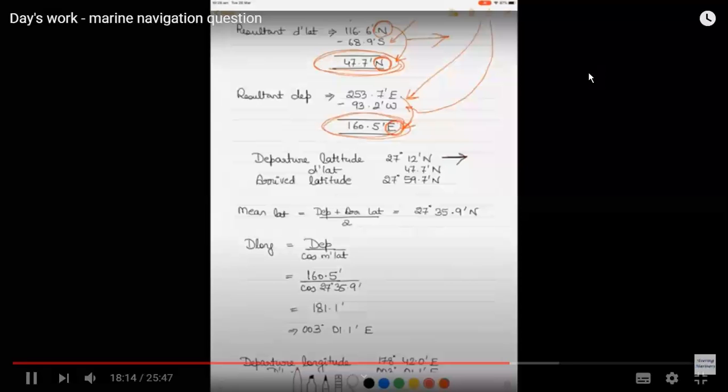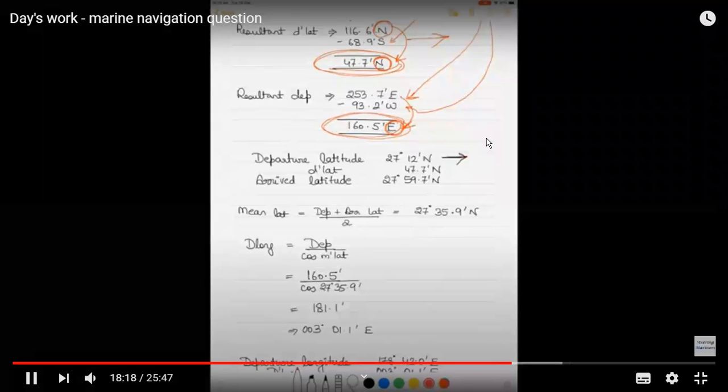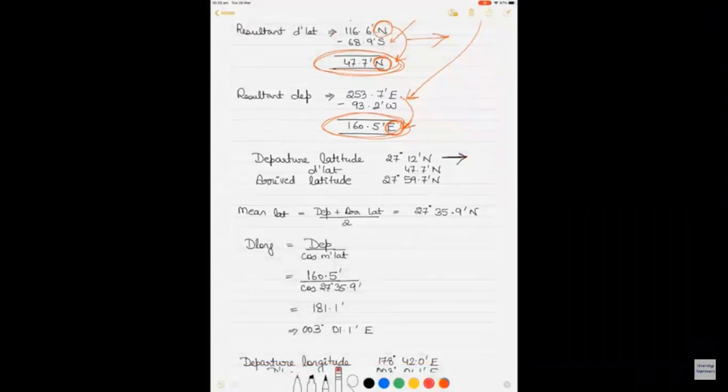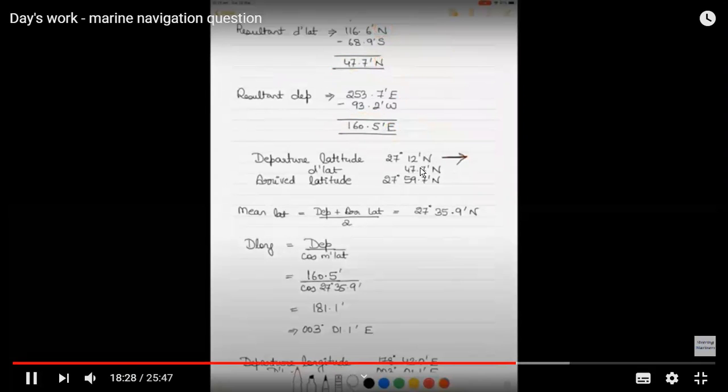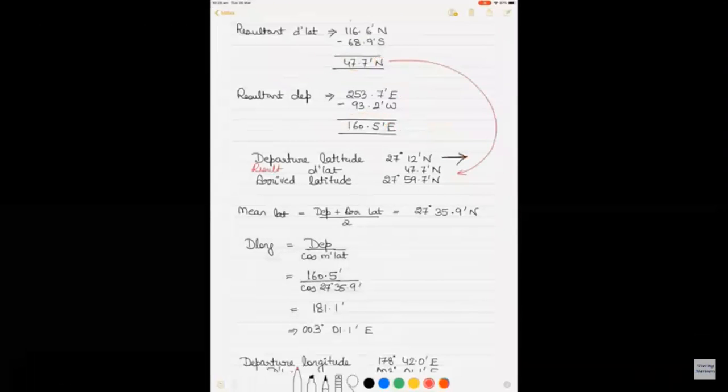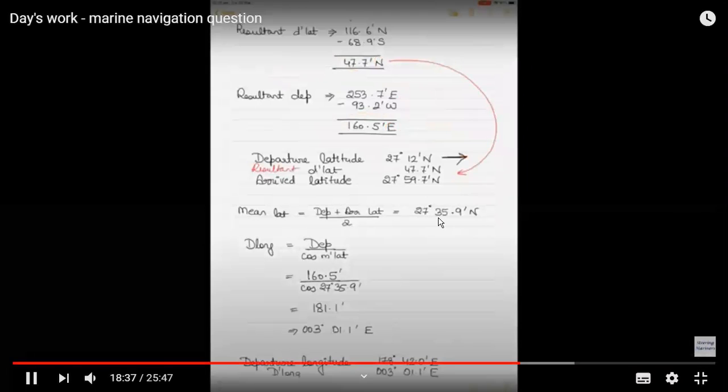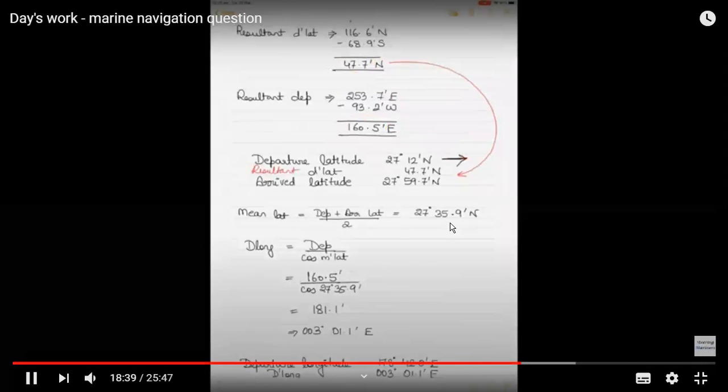Mean latitude is nothing but we add the departure and arrival latitude and divide by 2. Or you can divide the DLAT, that is 47.7, by 2 and add that to the departure latitude. So 27 degrees 35.9 minutes is our mean latitude. We need mean latitude for calculating the D long.